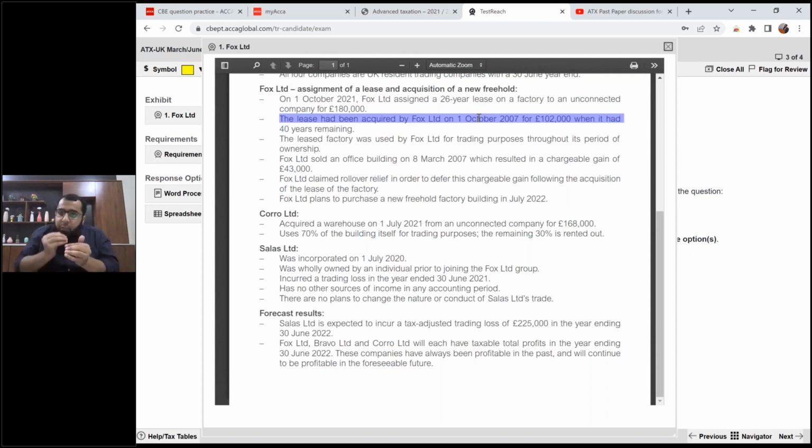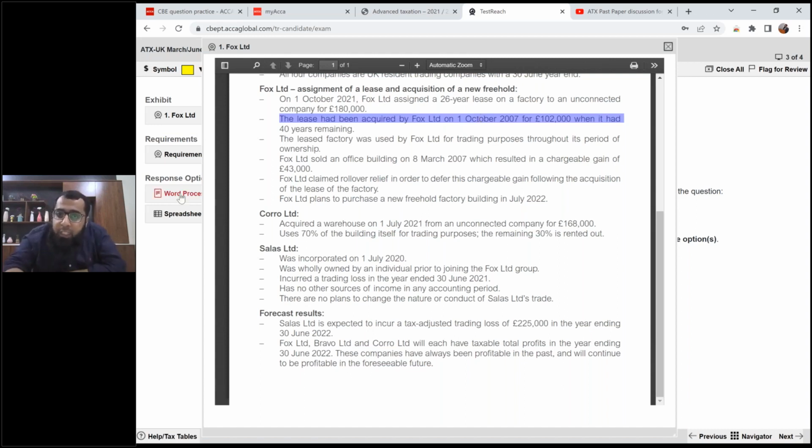The gain which was deferred through holdover will get chargeable after 10 years. So the gain which was deferred in October 2007 will get chargeable in October 17. This was a separate thing. The gain which got chargeable in October 17 was of the office building. That was separate, different. Don't mix it with the lease gain.